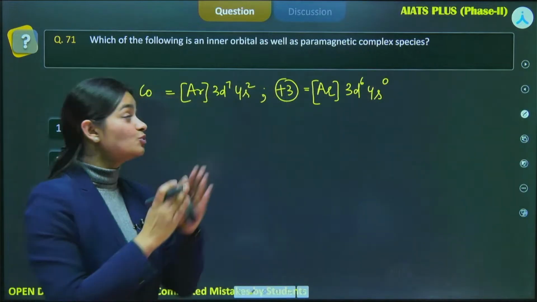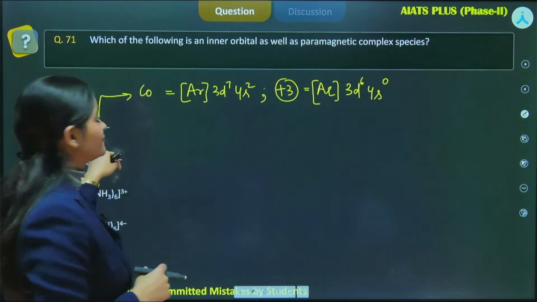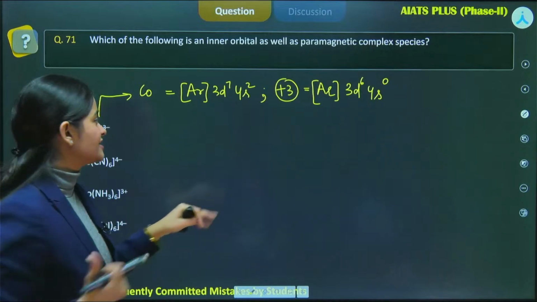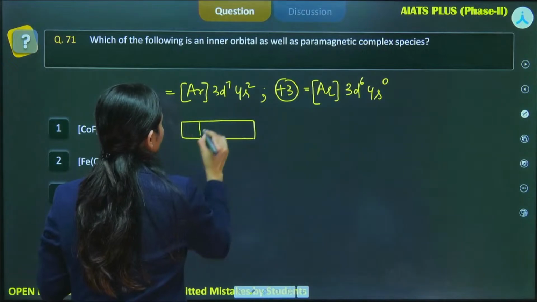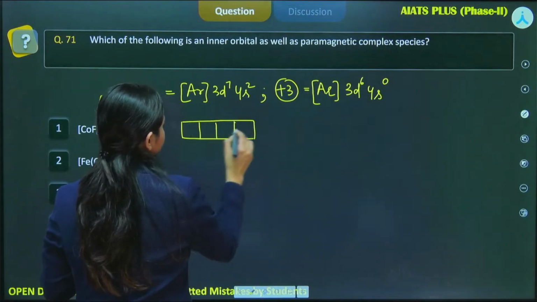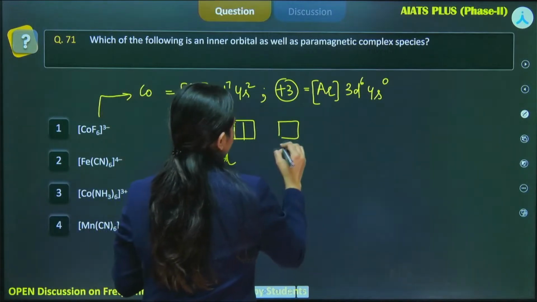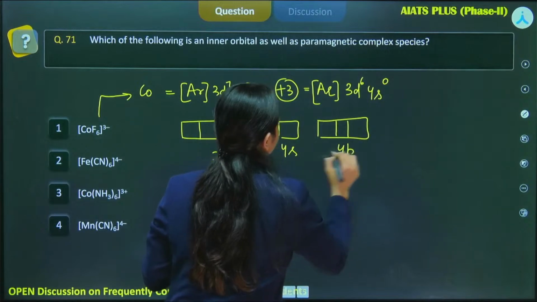Now if we try to fill these 6 electrons in the d orbital and see whether fluoride ions are strong field ligands or weak field ligands, then the arrangement comes as, suppose this is the 3d subshell, 4s and 4p.